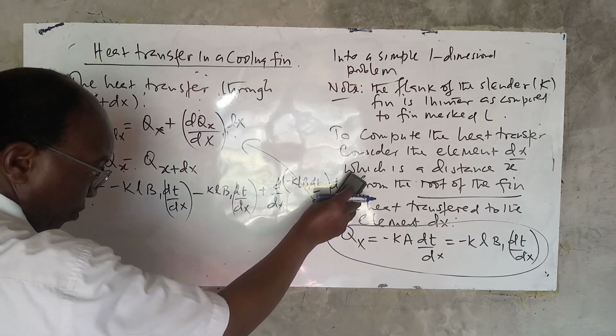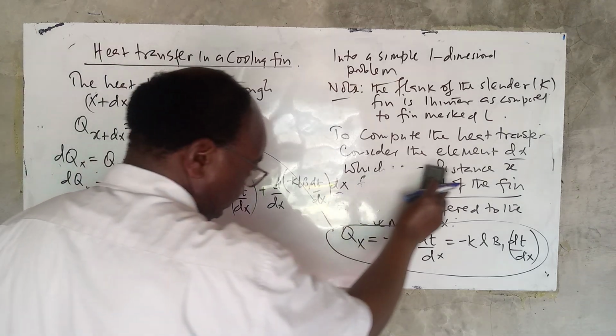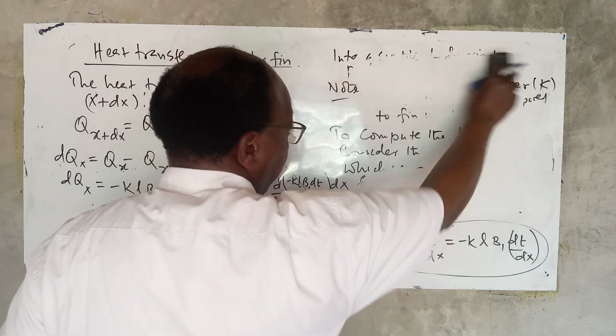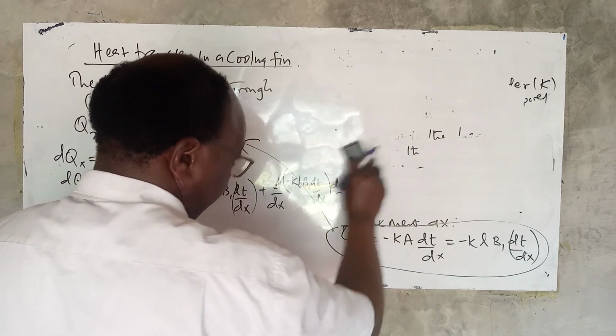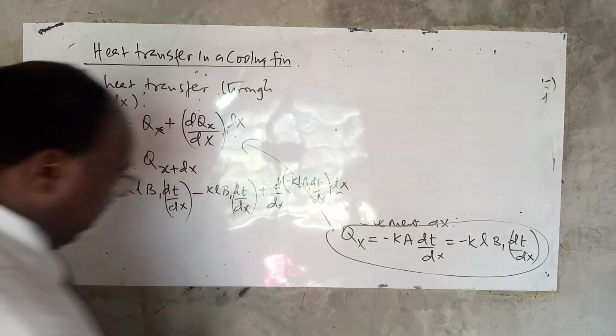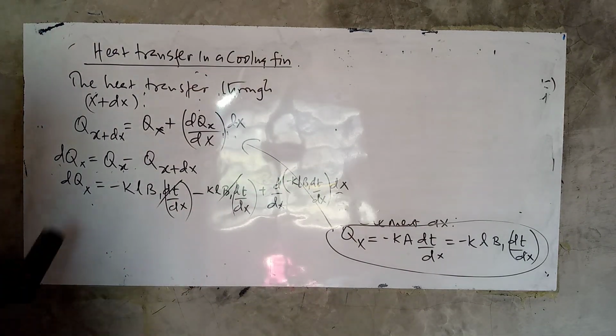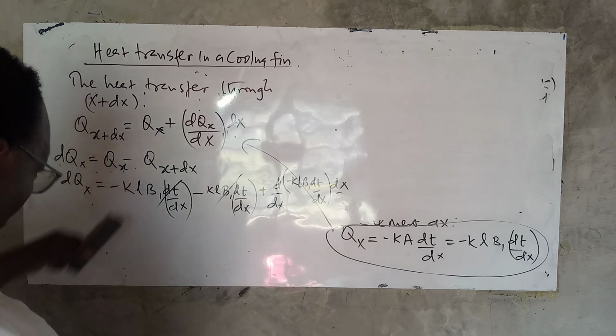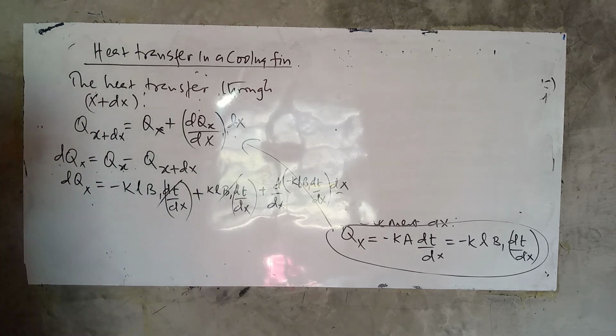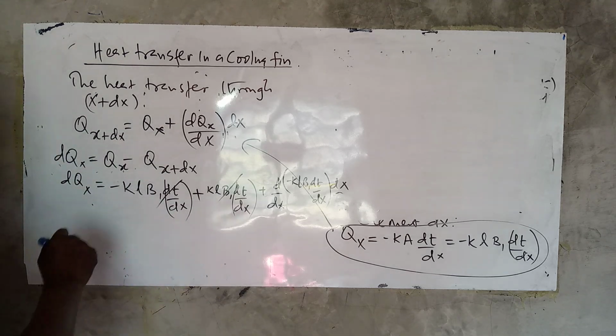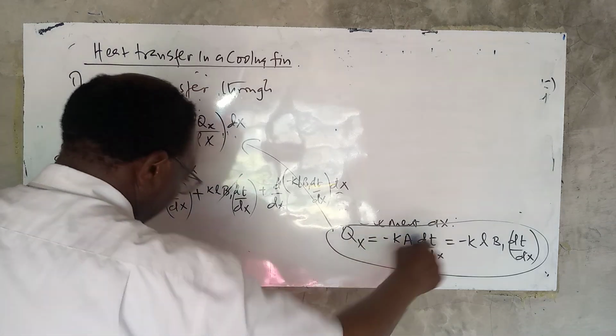So let's remove this so that we are able to use that part of the board unambiguously. If we simplify this, these two cancel out. Remember, it's minus k l b1, so minus and minus will be plus.